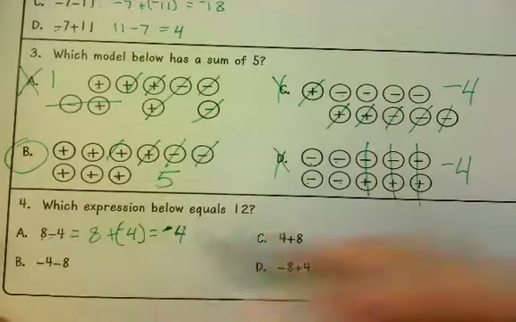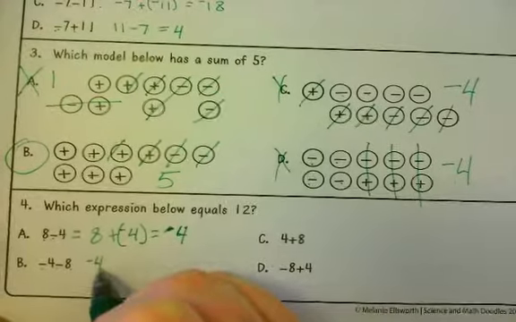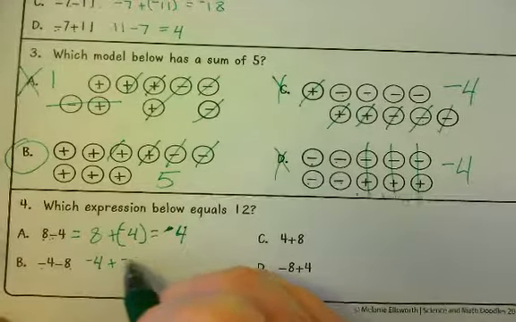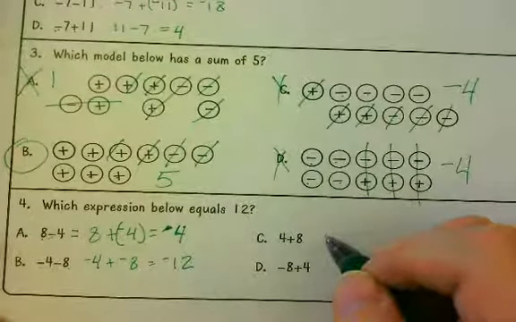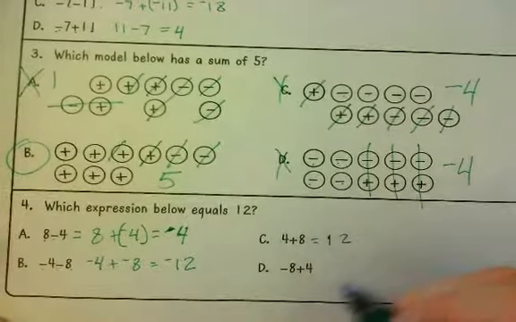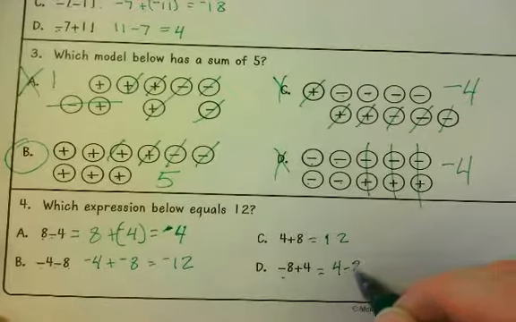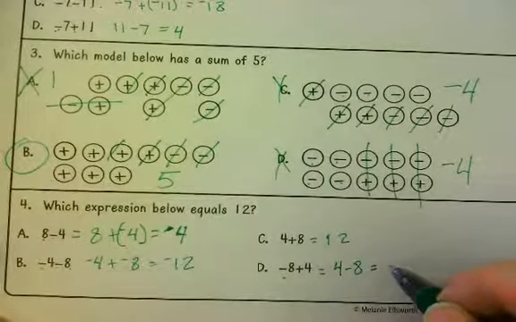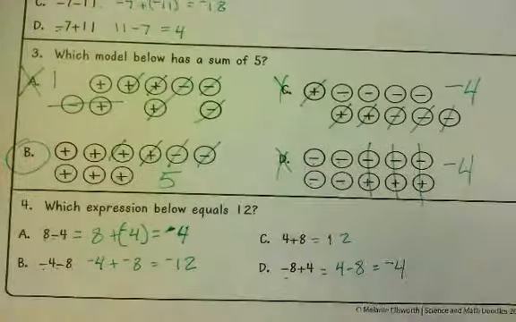Then we have a negative 4 and a negative 8, so we can say negative 4 plus a negative 8 gives us a negative 12. Then we have 12. And then this time we have 4 minus 8 when we turn it around, which gives us a negative 4. Alright, that should do it.